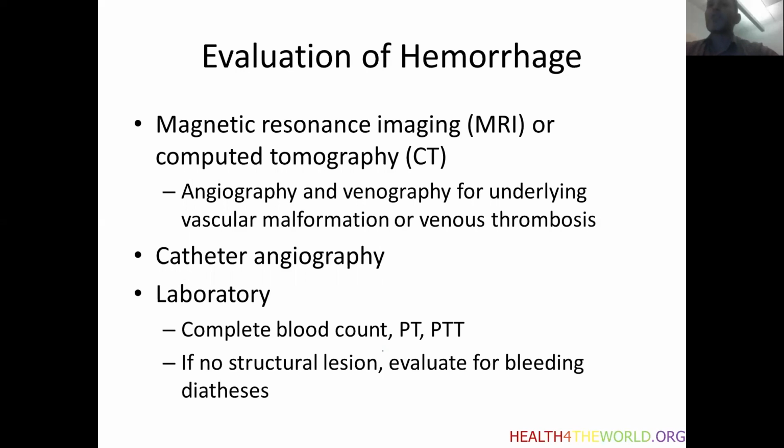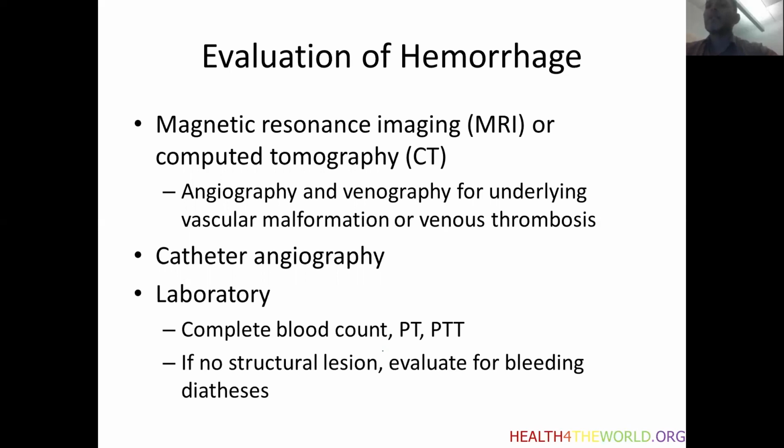Because most hemorrhage in children is caused by vascular malformations, it's important to consider angiography to look for an underlying vascular malformation, as well as venography to look for venous thrombosis, which can cause hemorrhage. Almost all children with hemorrhage without an identifiable non-vascular cause should end up undergoing catheter angiography.